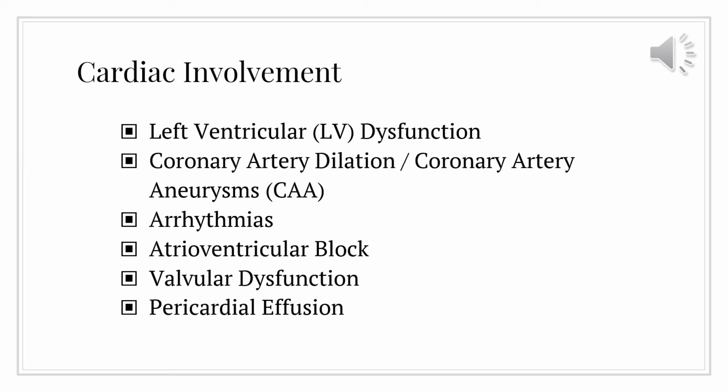Cardiac involvement is one of the most critical complications of MIS-C. Some possible cardiac events seen in MIS-C patients include left ventricular dysfunction, coronary artery dilation, coronary artery aneurysms, arrhythmias, atrioventricular block, valvular dysfunction, and pericardial effusion.